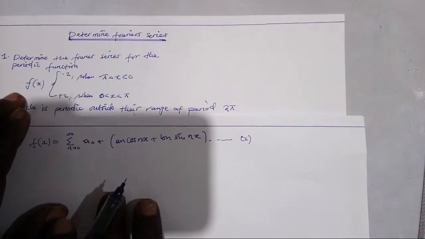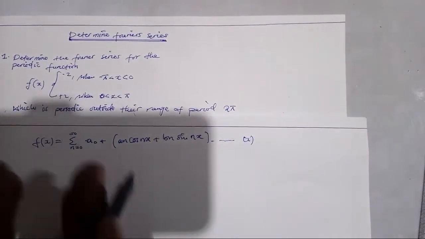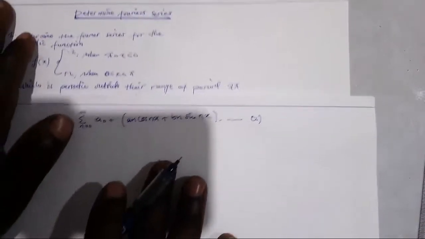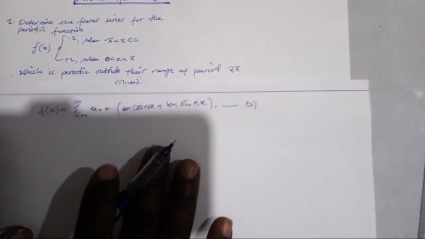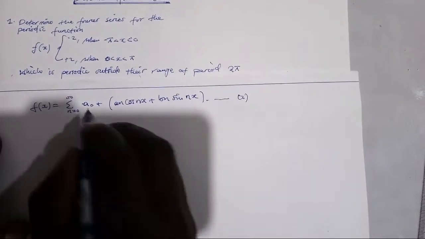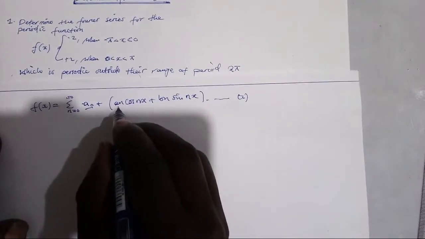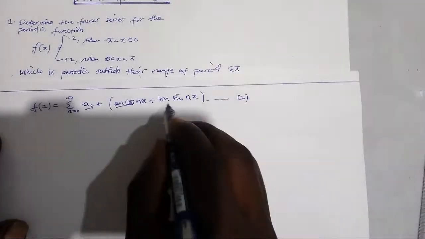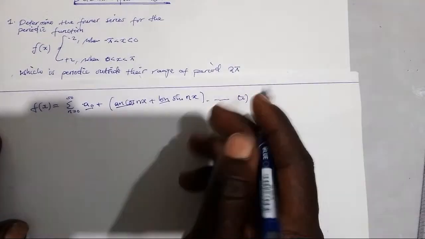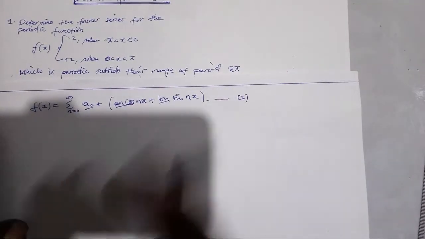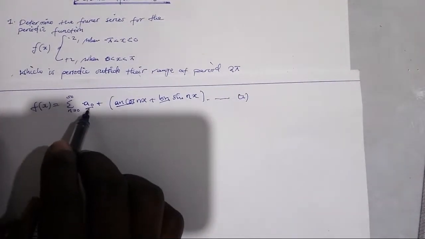Now I'm going to show you the easiest way to go about this question. My procedure will be like this: we are going to find a sub 0, a n, b n, step by step. So let's start with a sub 0.